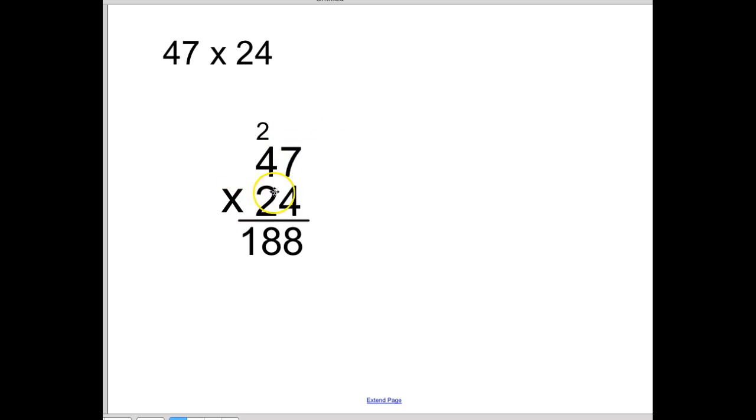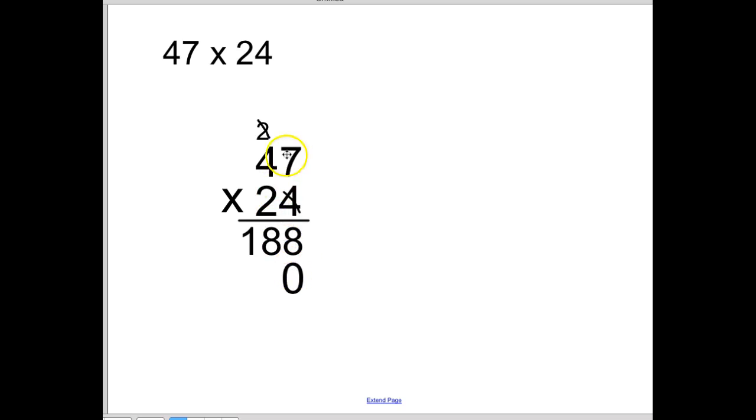The next thing is now I'm going to cross out the 4 and the 2 that I regrouped over here so I don't get confused with what I'm going to add to the next one. So this next part is I have to realize I'm doing 2 times 47, but this 2 really isn't 2, it's 20. It's in the tens place, so because of that I have to add a 0 down here.